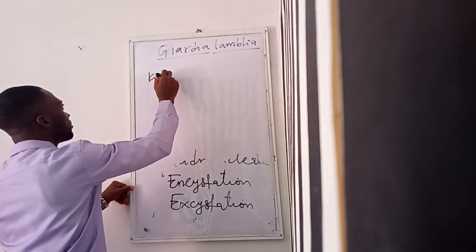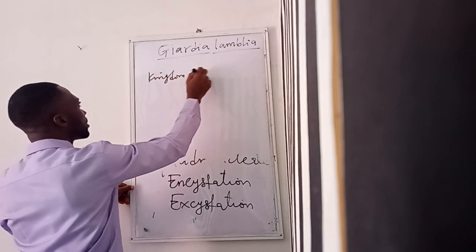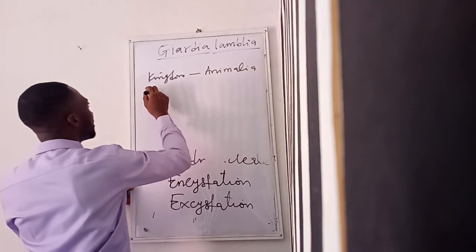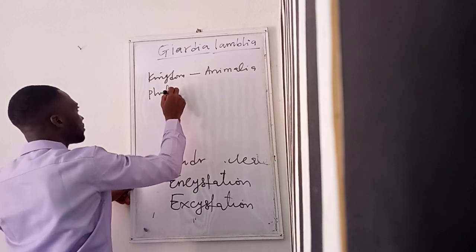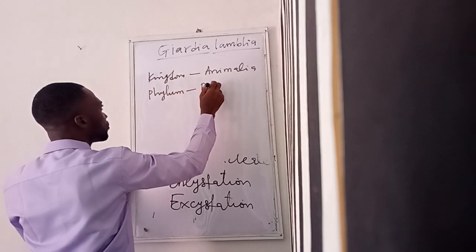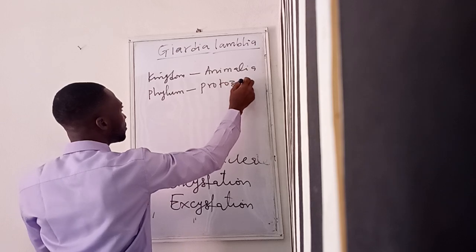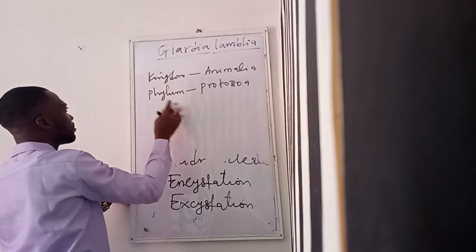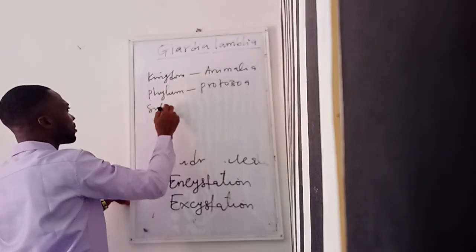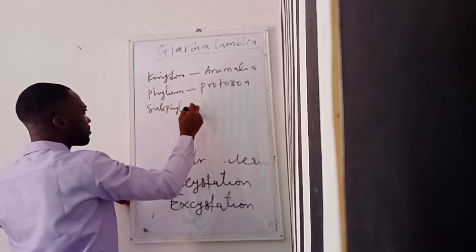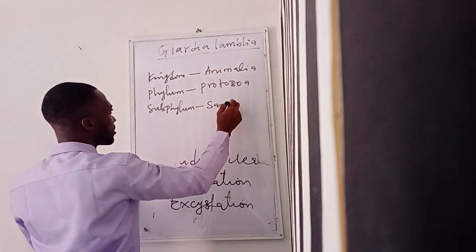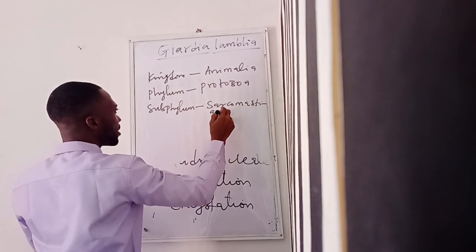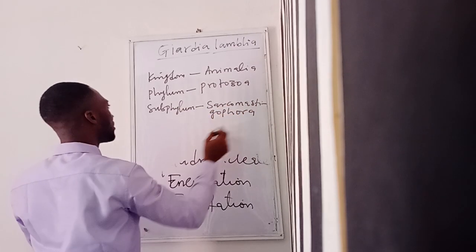The kingdom Animalia, then phylum Protozoa, then subphylum Sarcomastigophora, which is a long name.